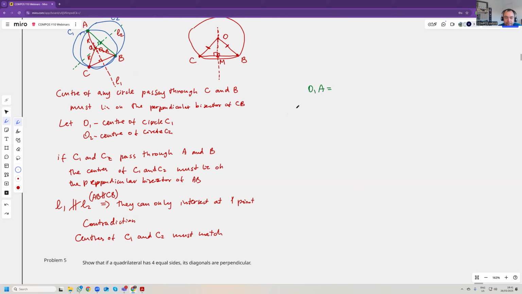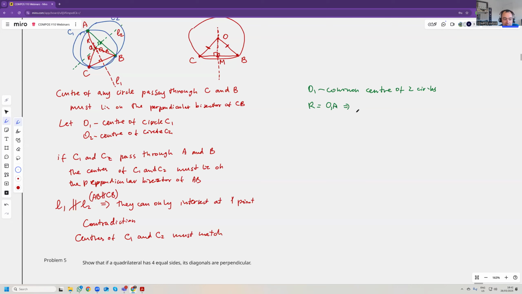So O1 is the common center of the two circles, and the radius of the circle is equal to O1A.